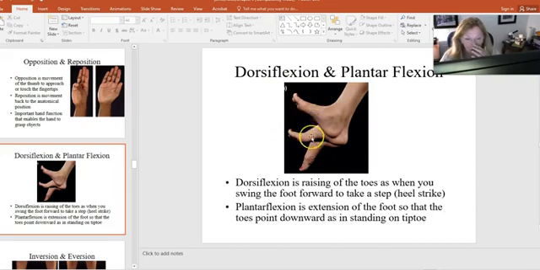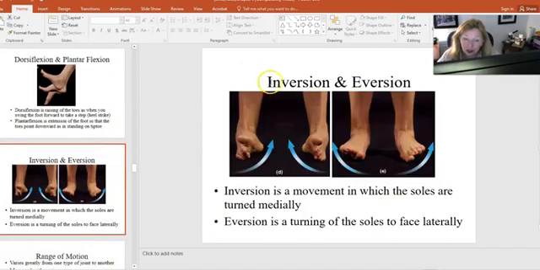Okay, that went into a lot of detail, but dorsiflexion is raising the toes so you can take a step. Plantar flexion is pushing down almost like you're on tippy toes. Inversion and eversion are about the soles of your feet, so you can see there's not a lot of range of motion here, but it's needed.